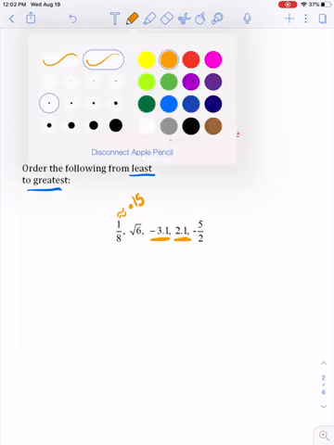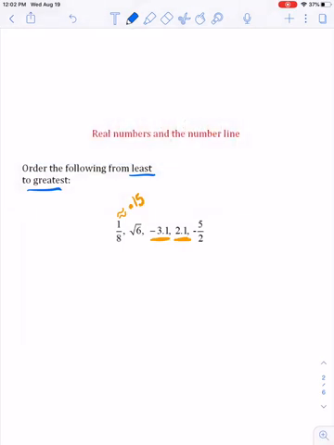This next one is square root of 6. Well, with square roots, you kind of have to think about square roots that you know. Well, I know square root of 4, hopefully you know this, is 2. I know that square root of 9 is 3.